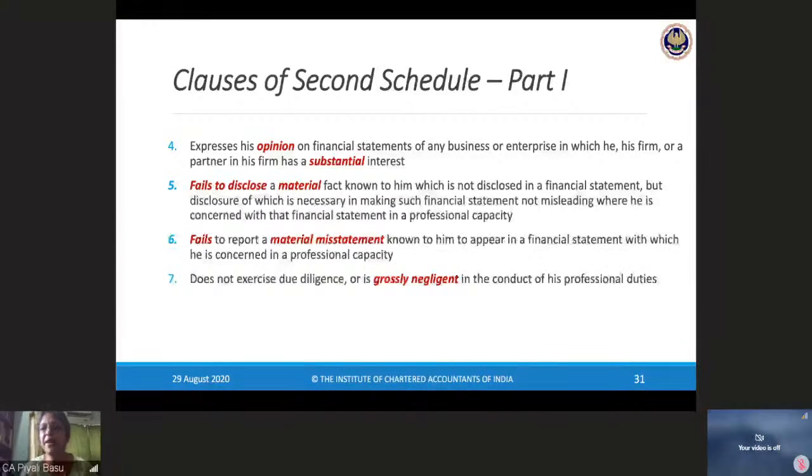Those who have experience of doing bank audit will know this is a rampant case that we get to see as a member in practice. When you do a bank audit, any branch you go to, even as a central statutory auditor, you have to do a large branch audit.